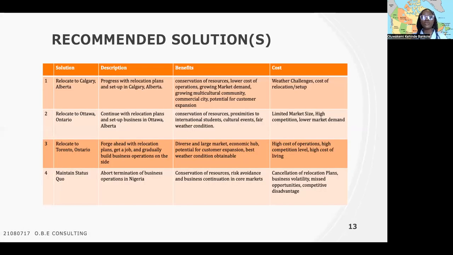We recommended these solutions to our clients: to relocate to Calgary and set up the business there, or relocate to Ottawa and set up the business there, or to relocate to Toronto, get a job, and then start building the business on the side.